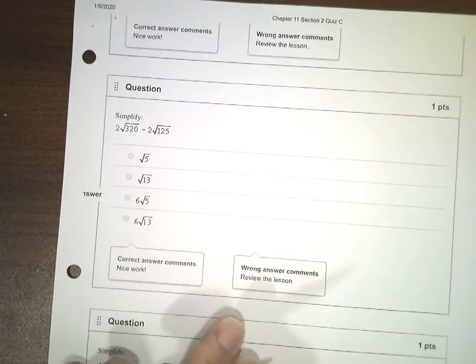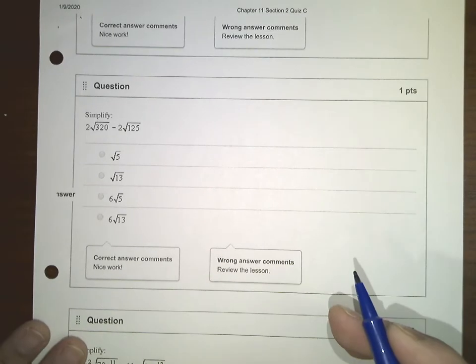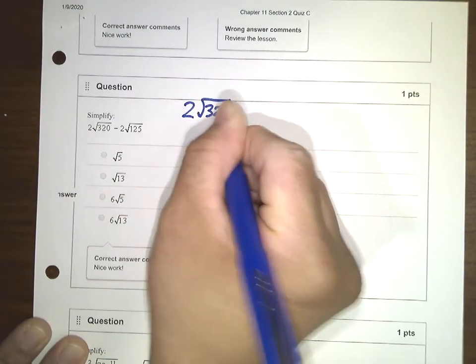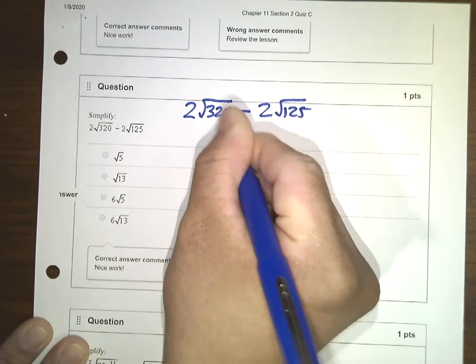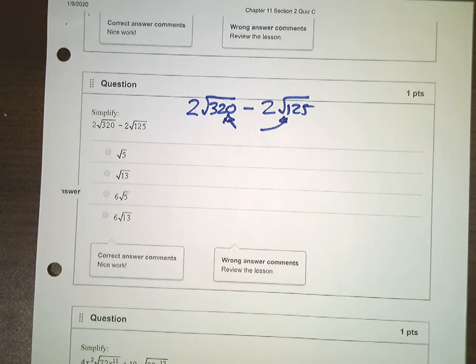So we have 2 square root of 320 minus 2 square root of 125. So something similar to what I have done before. I look to see if these two radicals are the same, and they are not. So what am I going to do? I'm going to try to simplify each of these square roots.